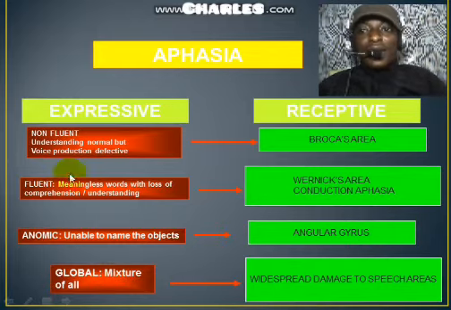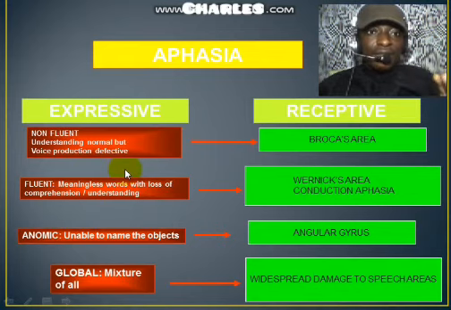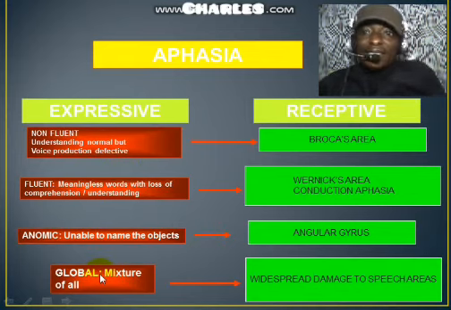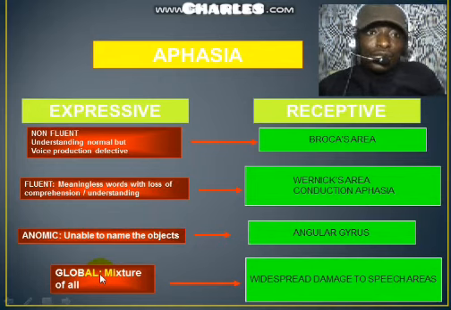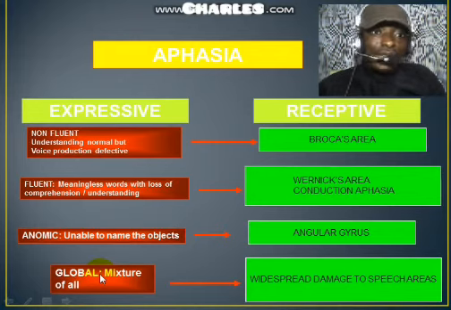Global aphasia comprises of all the other three mentioned earlier. Okay, so in global aphasia, speech production is defective, speech comprehension is affected, both auditory and visual languages are all affected. It comprises of all the aphasias.